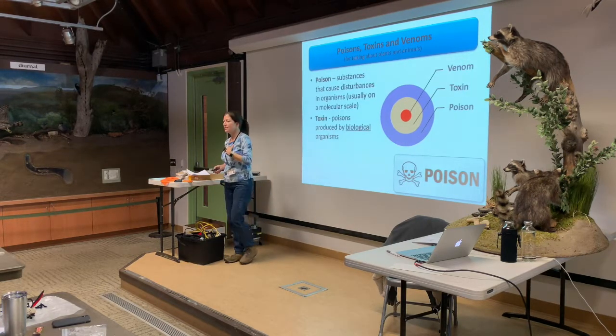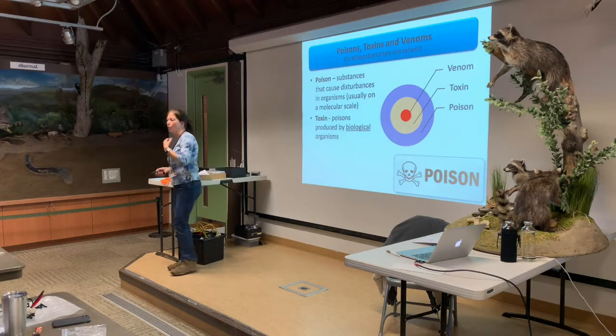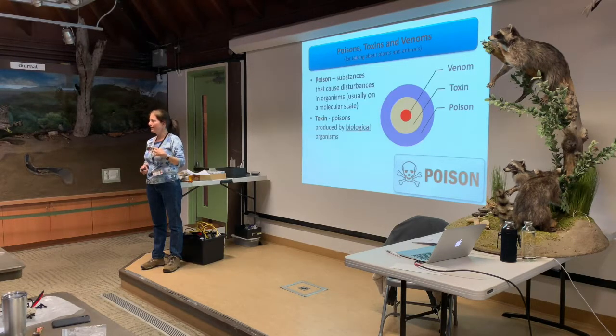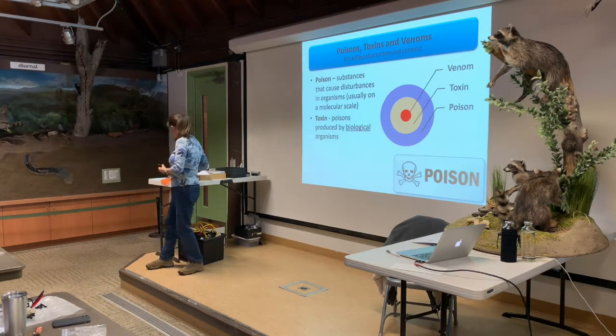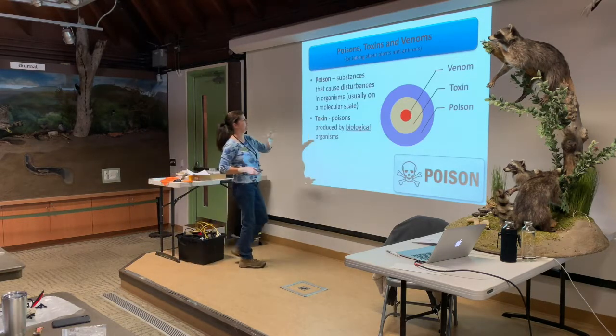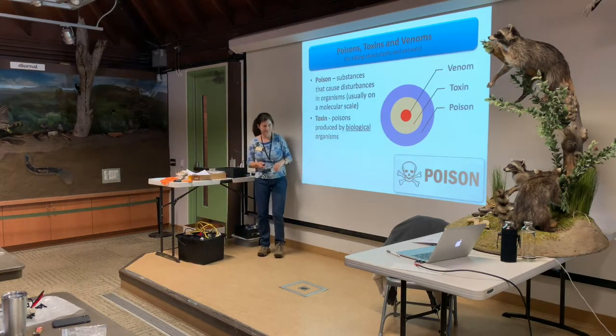So for us to call it a toxin, we want it to be coming from a plant or an animal or a microbe of some sort. Now they'll say toxic waste. It's kind of like the whole mouse conversation again. It depends on where it originated from for us to call it a toxin.